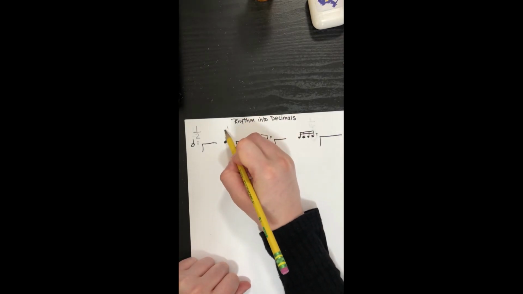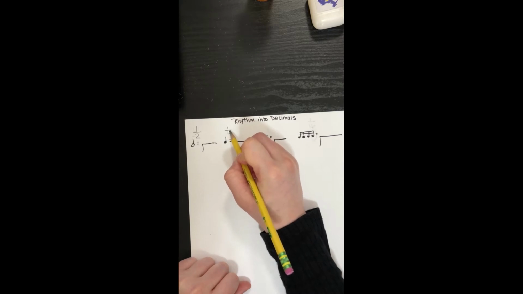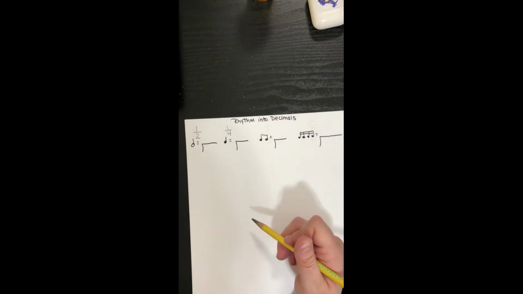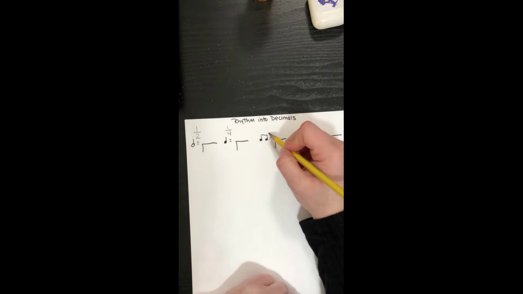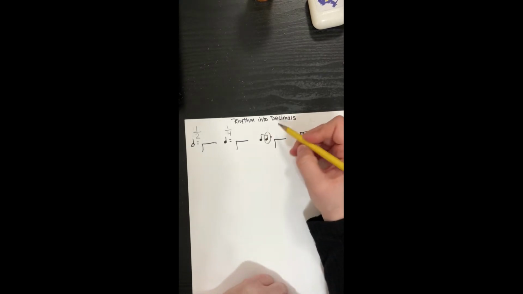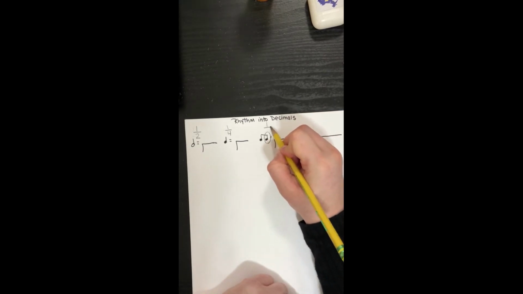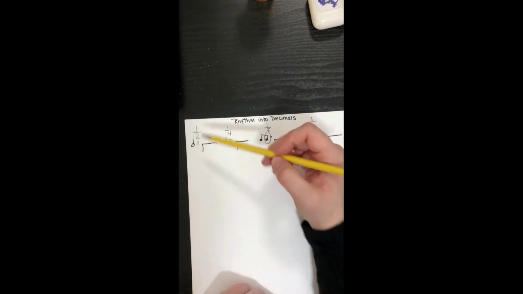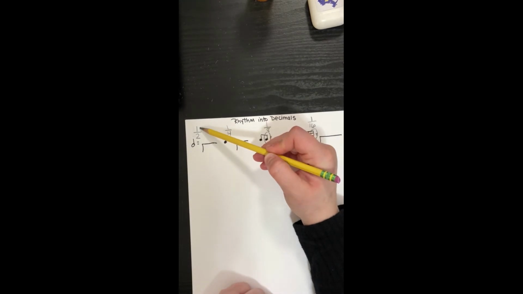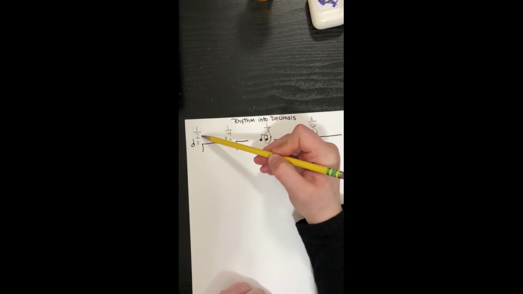So 1 quarter note looks like 1/4. 1/8 note looks like this, 1/8. 1/16 note looks like this, 1/16. All right, remember that the top part of the fraction is called the numerator, and the bottom part is called the denominator. Okie dokie.